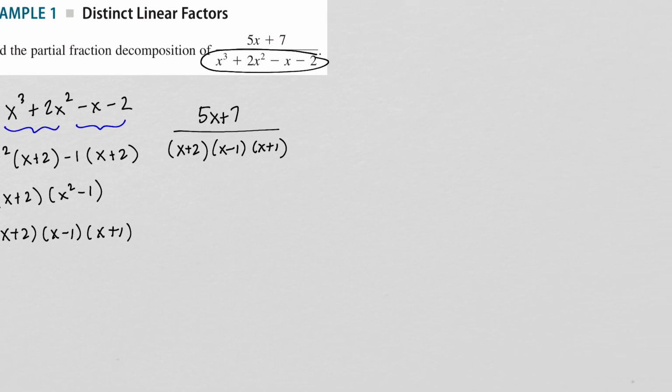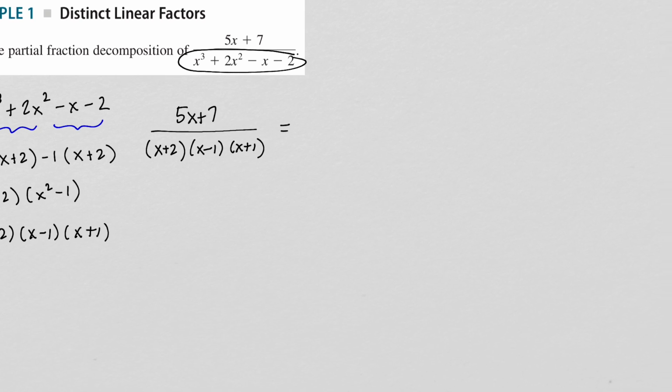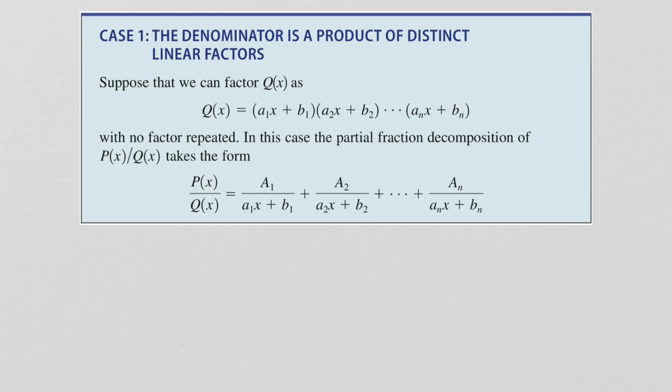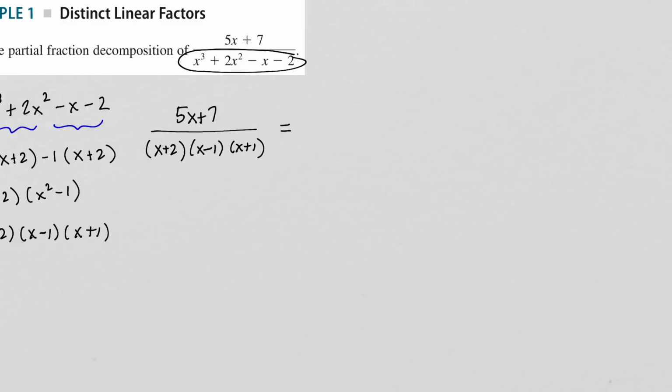Now the decomposition process, according to the guidelines on the previous page, lets us break this down into the sum of, in this case, 3 fractions with some unknown constant on top and each of the factors in the denominator. So we're going to have a fraction with x plus 2 in the denominator, then a fraction with x minus 1 in the denominator, and finally a fraction with x plus 1 in the denominator.